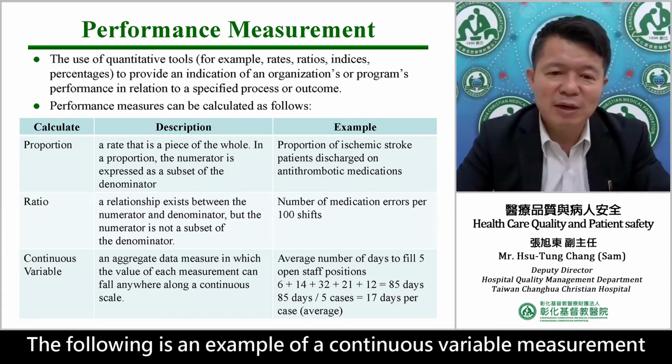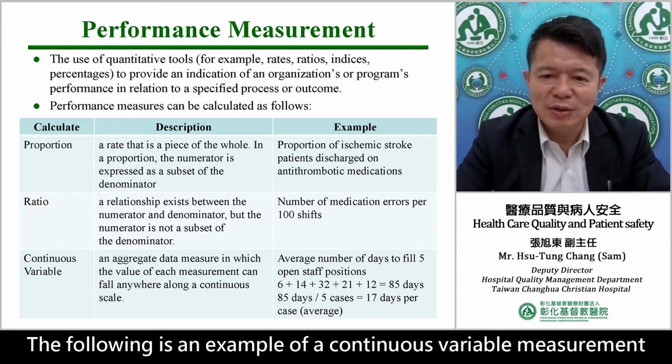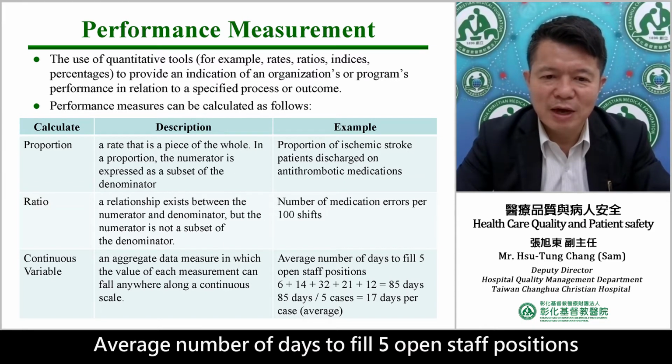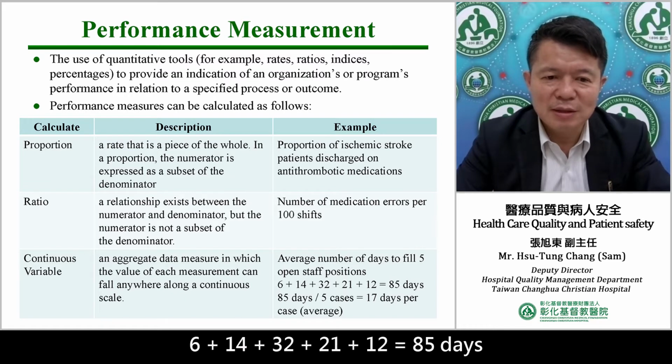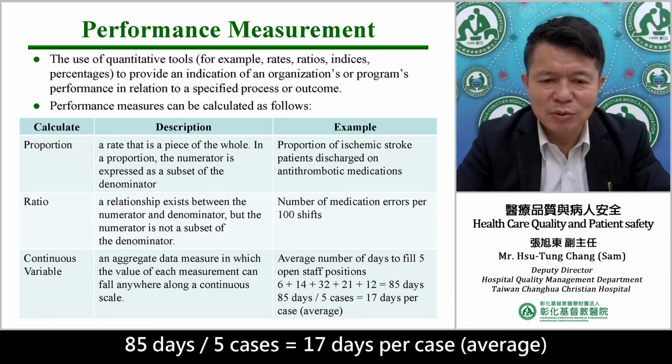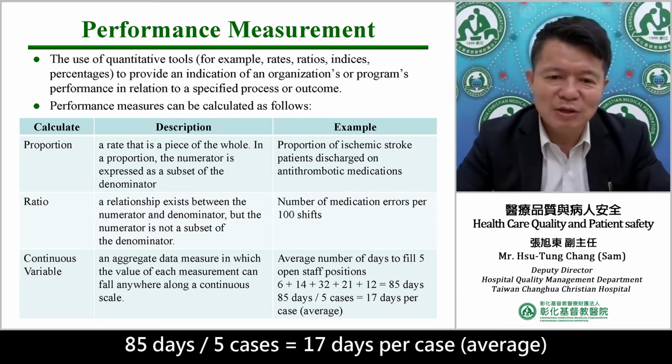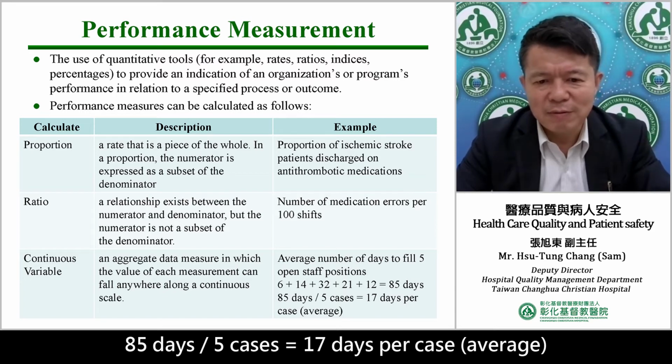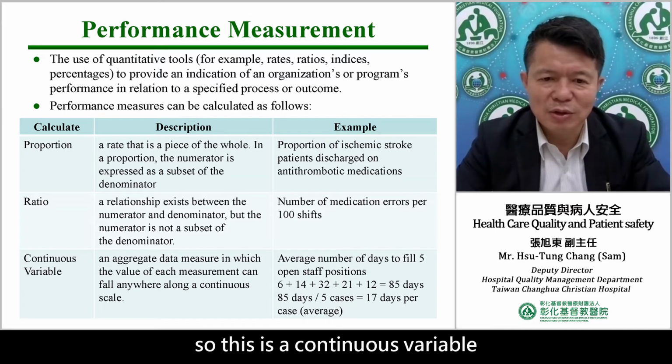The following is an example of a continuous variable measurement: average number of days to fill 5 open staff positions. 6 plus 14 plus 32 plus 21 plus 12, you can get 85 days, and you divide it by 5 cases, you can get 15 days per case average. So this is a continuous variable.